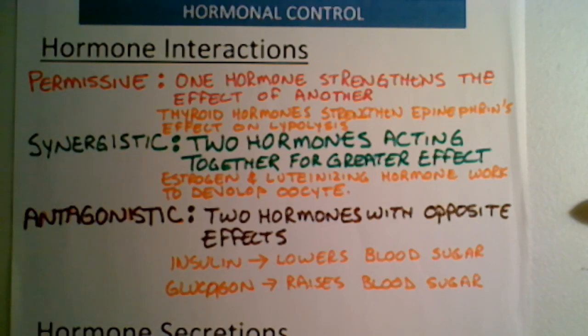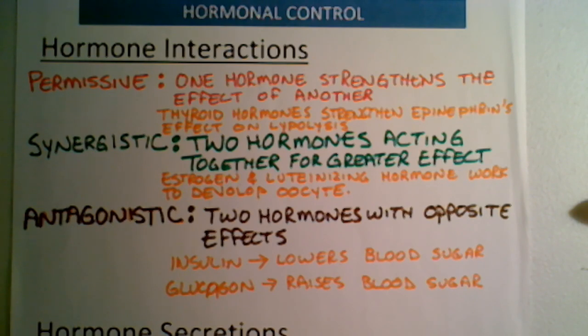Another example is a pair of hormones that we talked about first semester. One of them was calcitonin. The other one was parathyroid hormone. And remember, go back in your notes and look at this, but they are regulating calcium.